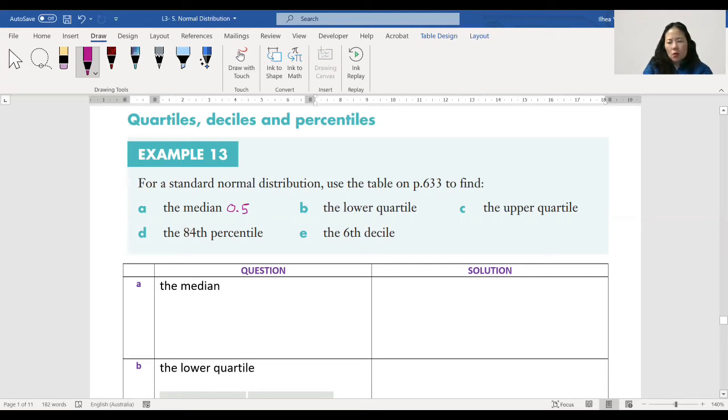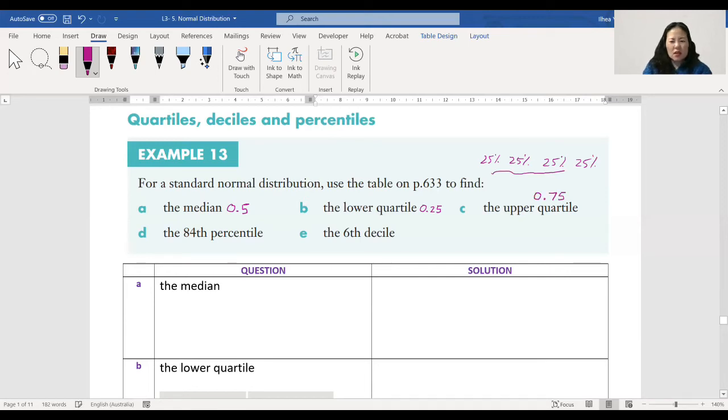And lower quartile is 25%, so it's 0.25. Okay, and then let's have a look at the upper quartile. So lower quartile is 25%, but upper quartile is 75%. Remember? So it's a 25%, 25%. So up to here, so it's a 75%, so it's a 0.75.